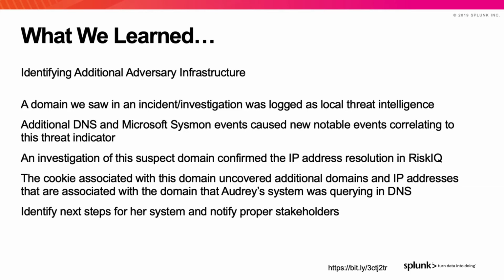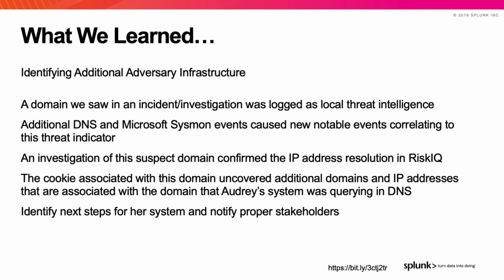So what have we learned in this initial finding and then the pivot? We obviously had a domain from a previous incident or investigation. We had collected that and stuck it aside. We saw subsequent activity to that specific domain, both via DNS and Microsoft Sysmon. Because of that, we had a notable that we investigated. We drilled into the RiskIQ and PassiveTotal app and pivoted to see the IP and the resolution.